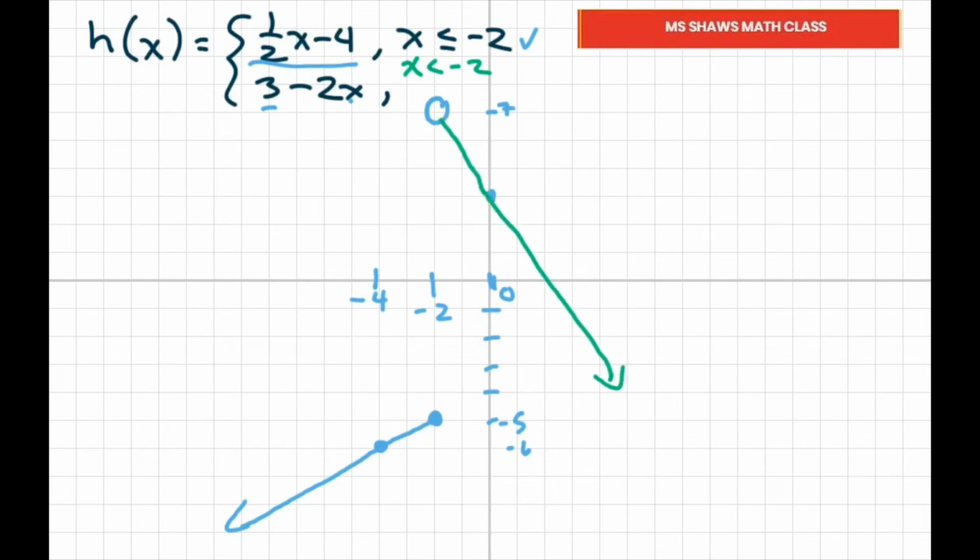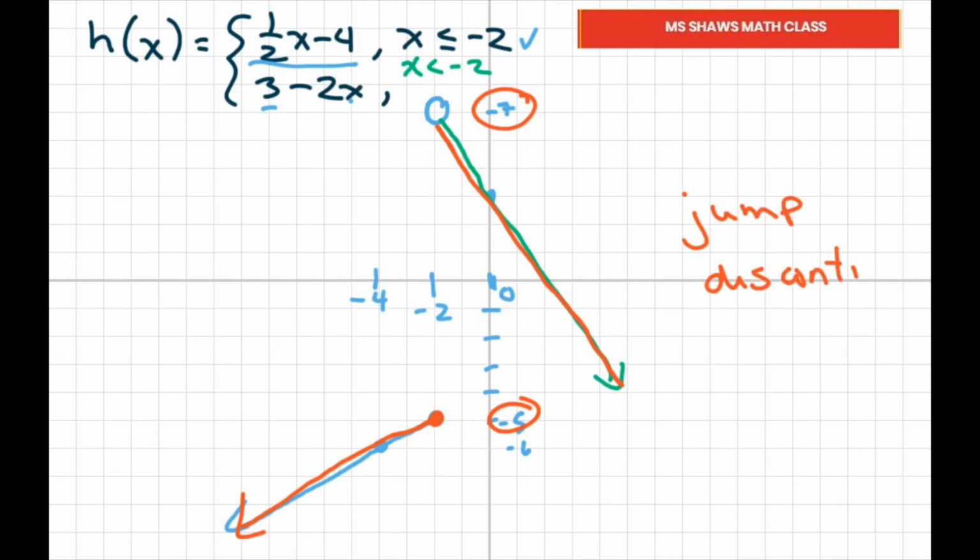And this is why condition 2 failed, because the limit as you're getting closer and closer to -2 from the left equals -5, but the limit as you approach -2 on the x from the right was 7. So this is called a jump discontinuity. And that's why condition 2 failed.